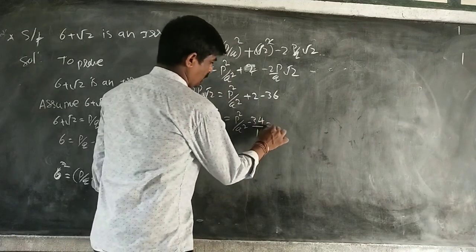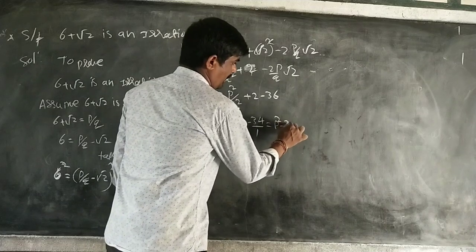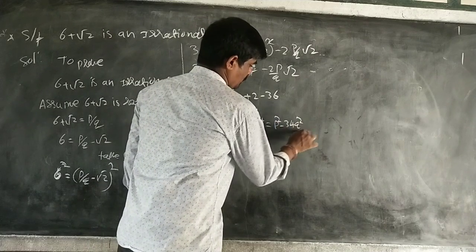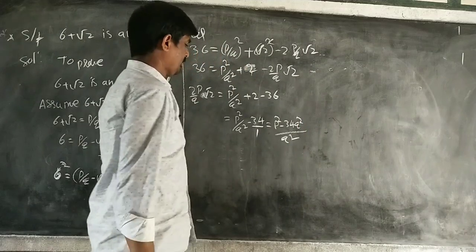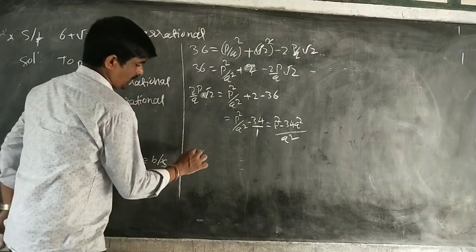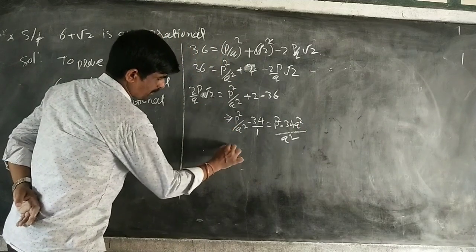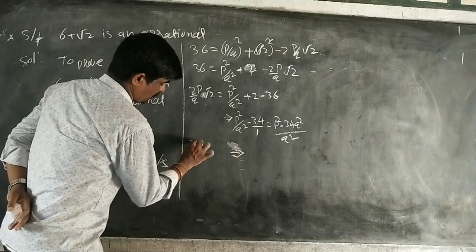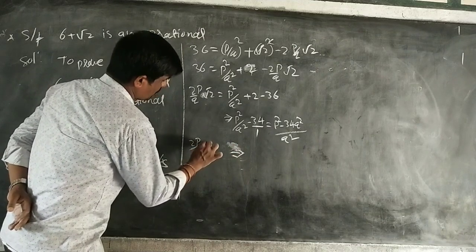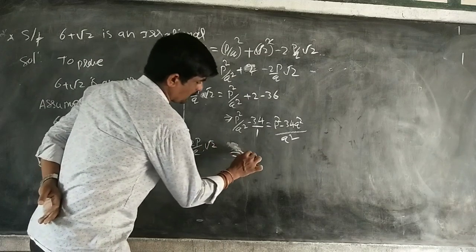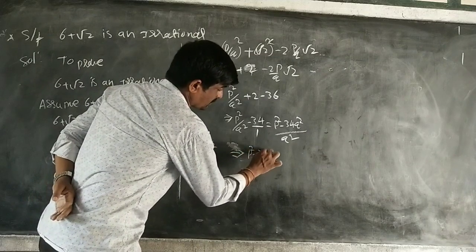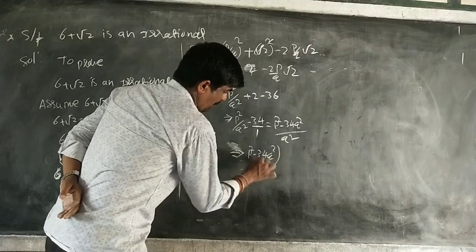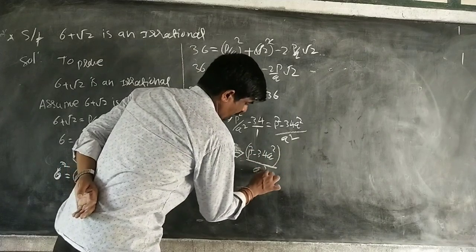Then P square minus 34 Q square by Q square. So 2P by Q under root of 2 is equal to P square minus 34Q square by Q square.